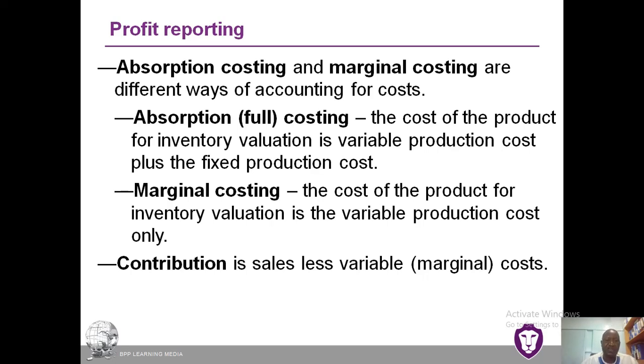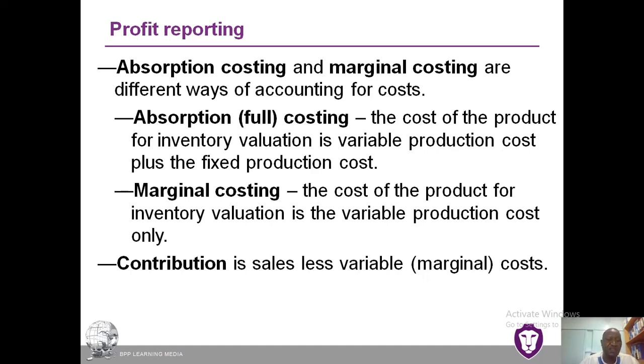Under marginal costing, you only value inventory based on the variable production cost. That simply means that under marginal costing, you take the fixed cost as a period cost that you subtract at the end. Now, if you're using the marginal costing method, you have to calculate the contribution first and then calculate the profits later.